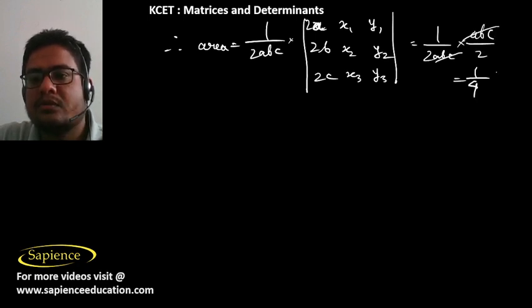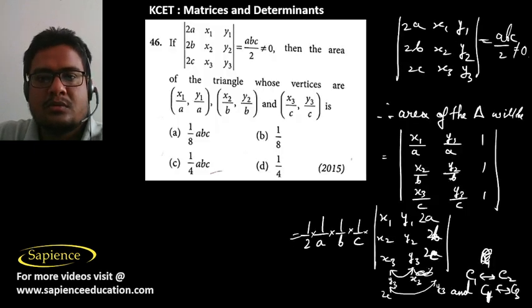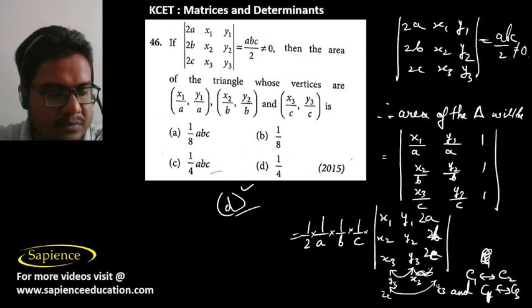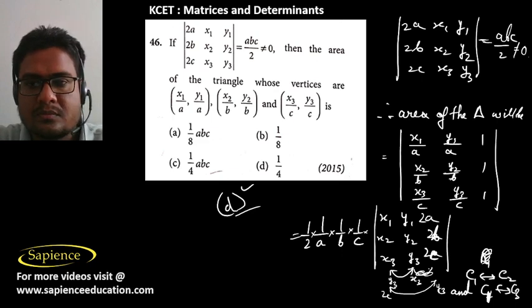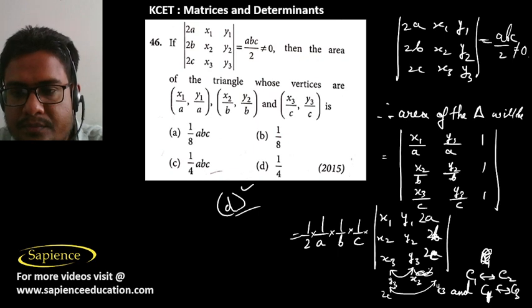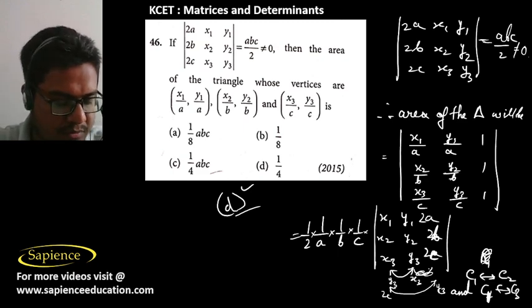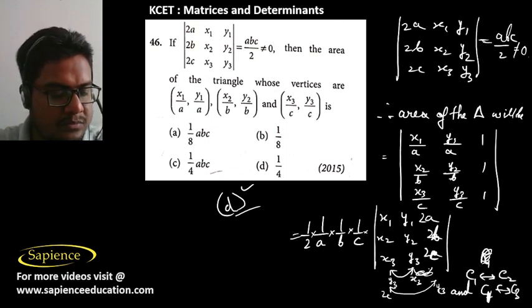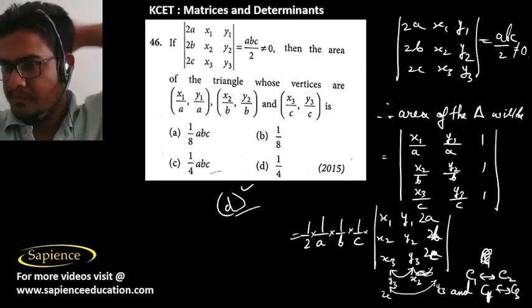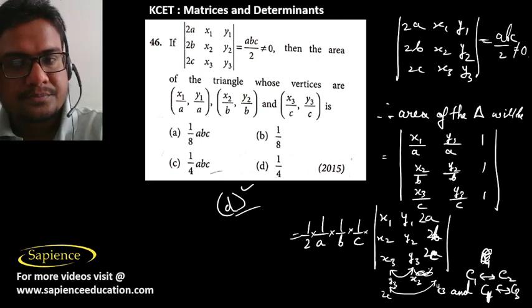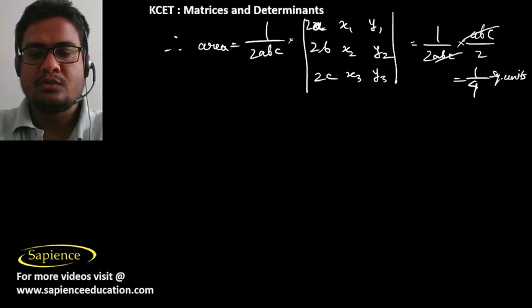ABC will cancel, so this is 1 by 4. So option D is the correct answer.